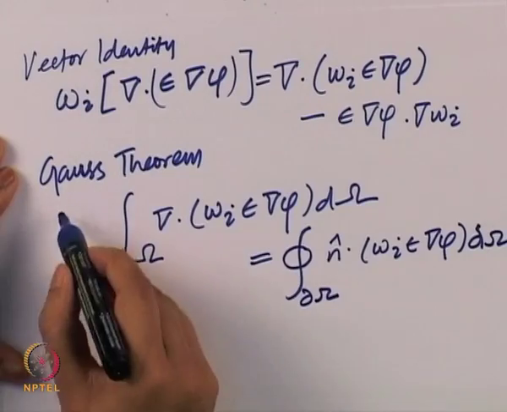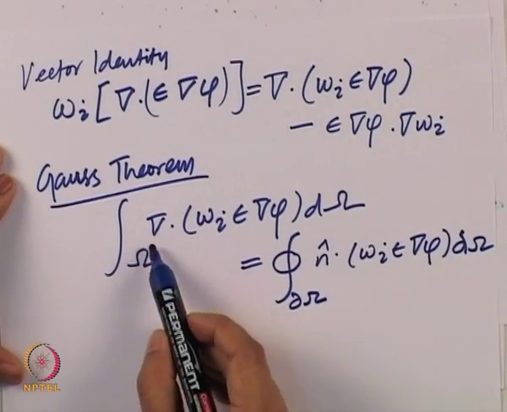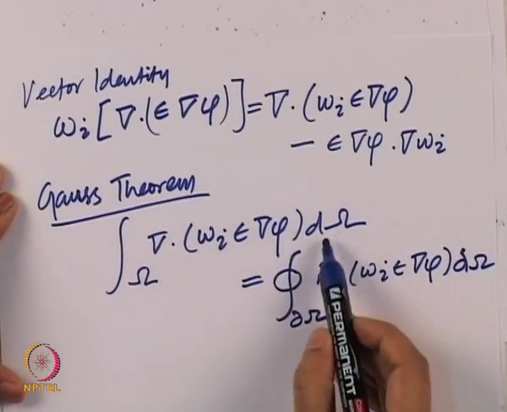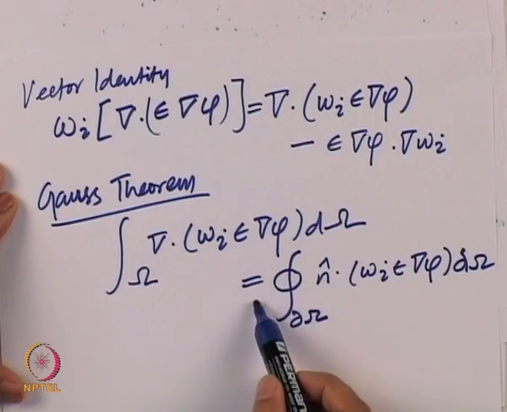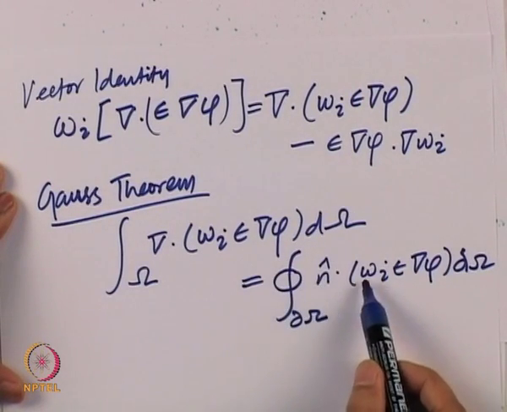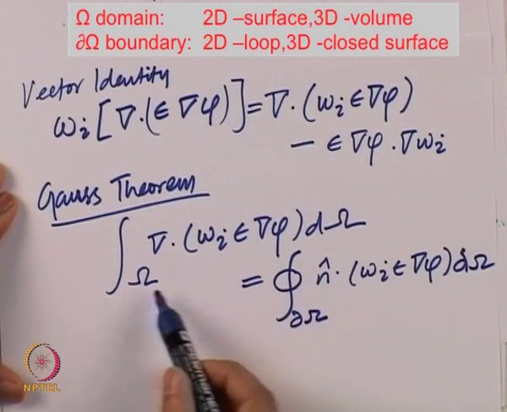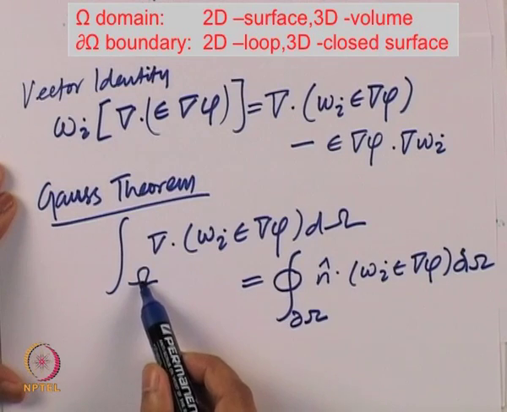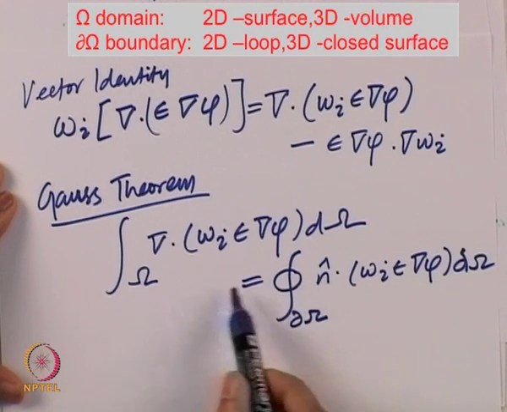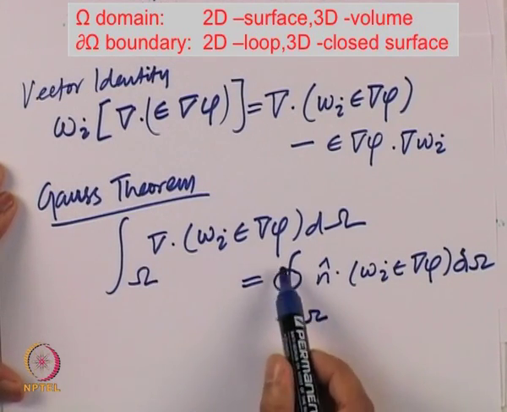So this is Gauss's theorem, that the divergence of a field over a domain is equal to the normal component of that field over the closed boundary of that surface. This particular thing is a volume, this will be a closed surface. If this is a surface, this will be a closed boundary.